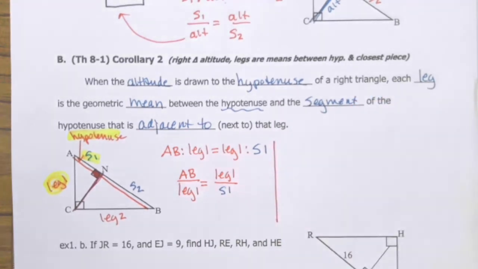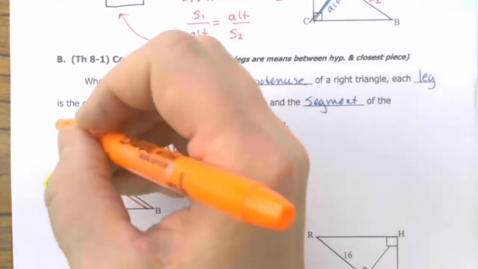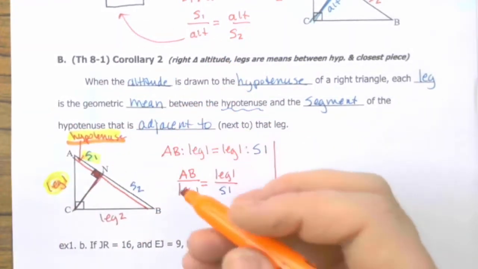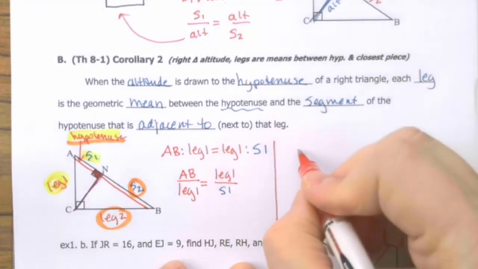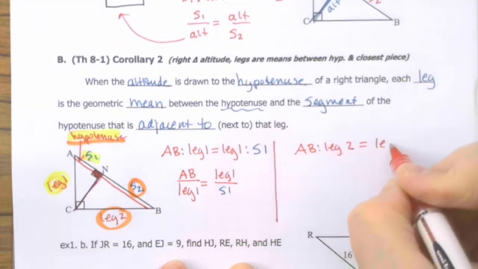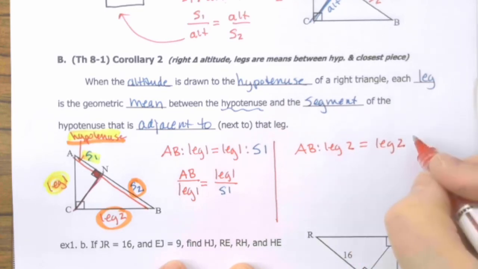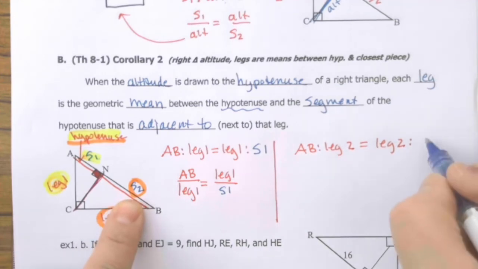Okay, now we're going to do the other relationship. So the hypotenuse again. This time we're going to use segment 2 and leg 2. So the leg is the mean of the hypotenuse. Hypotenuse is AB. So AB colon leg 2 equals leg 2 colon, and this time it's S2, that piece.